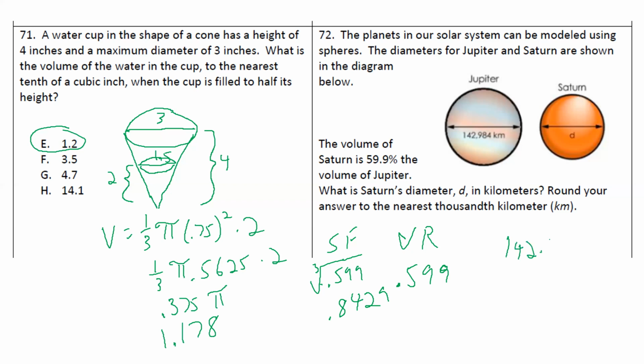So times 0.8429 gives us, sorry, that was a comma, not a decimal point. 2, 9.